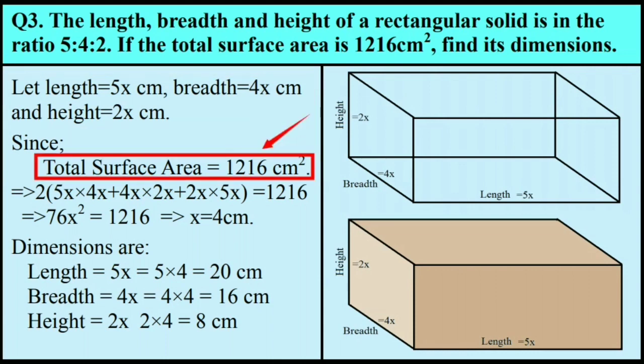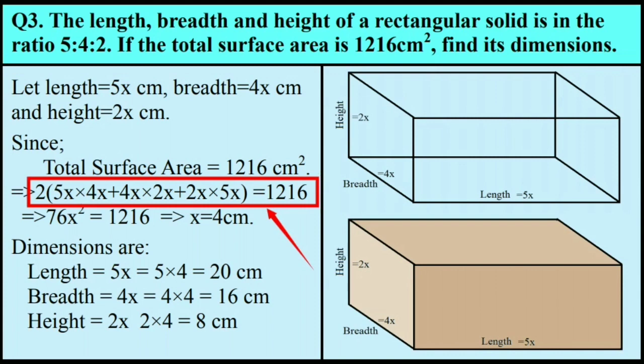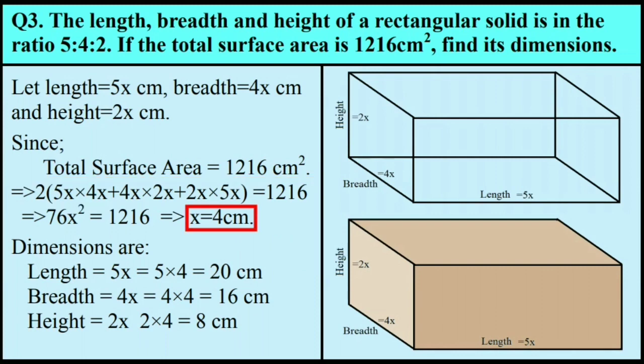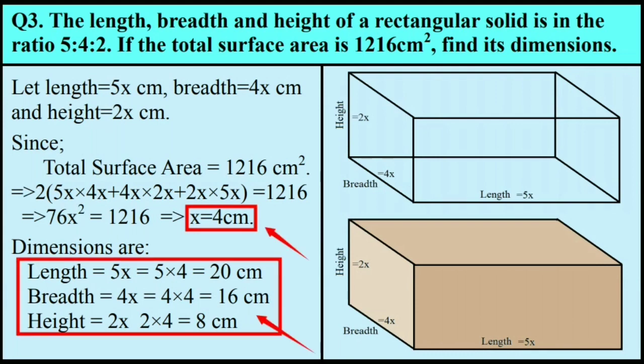According to the question, the total surface area is equal to 1216 centimeters square. In the second line, the total surface area 1216 is equated to the formula for total surface area, and it is simplified to get the value of x, and x comes to 4 centimeter.